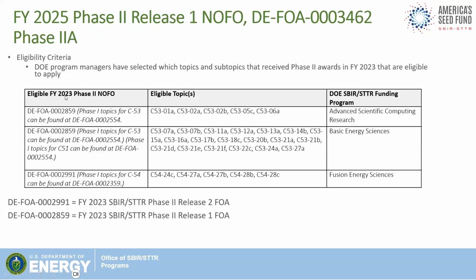Okay, so you should have received a Phase 2 award under one of these listed FOAs and this listed subtopic pair in order to be eligible for the Phase 2A. I'll leave this up on the screen for a second. You will, of course, be receiving the slides, and this table is also in the NOFO.